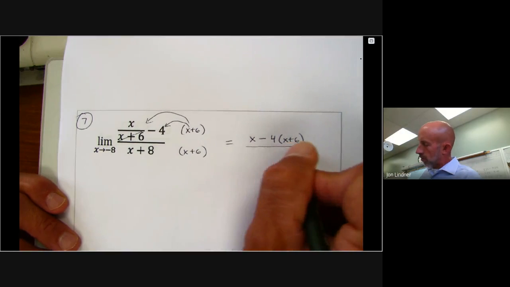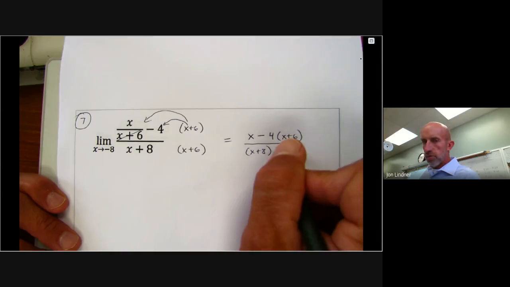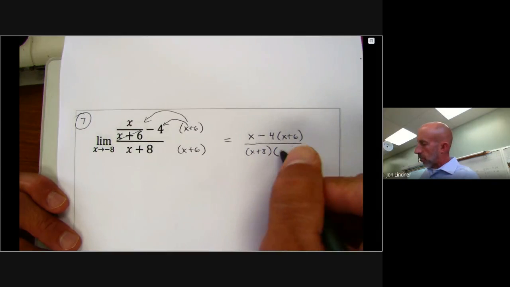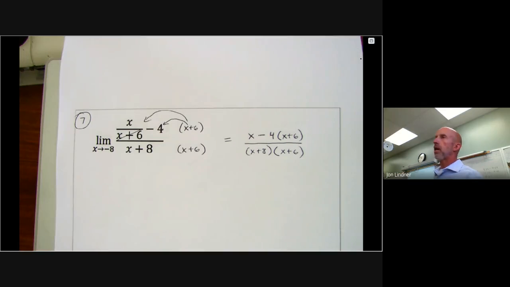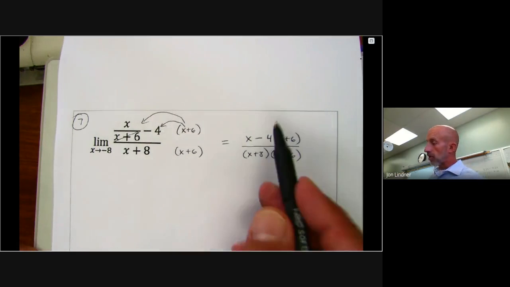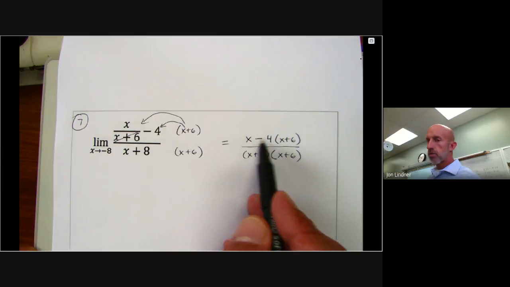On the bottom, I have x plus 8 times x plus 6. Now, do not make the algebraic mistake of thinking you can cancel these x plus 6's, because I've still got this x minus 4 here.